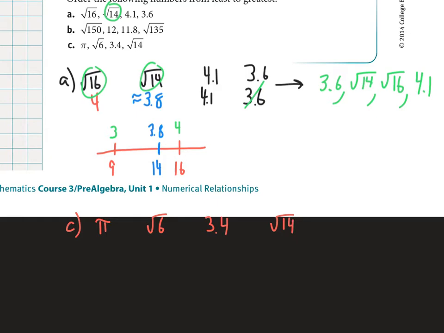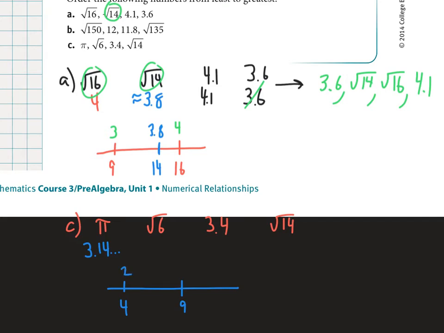Okay, and let's see what we know about these values. So pi, again, is this irrational 3.14, goes on forever. Okay, the square root of 6. Let's think about that. If we think about perfect squares again, 4 and then 9. Okay, the square root of 4 is 2.